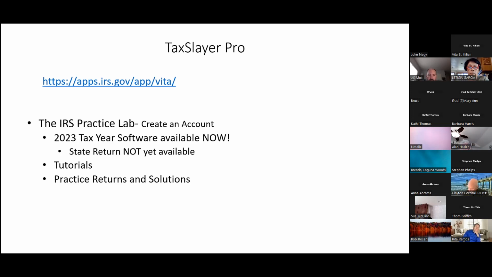And then for your practice lab, once you get to that landing page, there are tutorials. If you're newer, it might behoove you to use some of those. And that would be section 4 on that landing page that we talked about. And there's also practice returns and solutions, or what are called check figures.